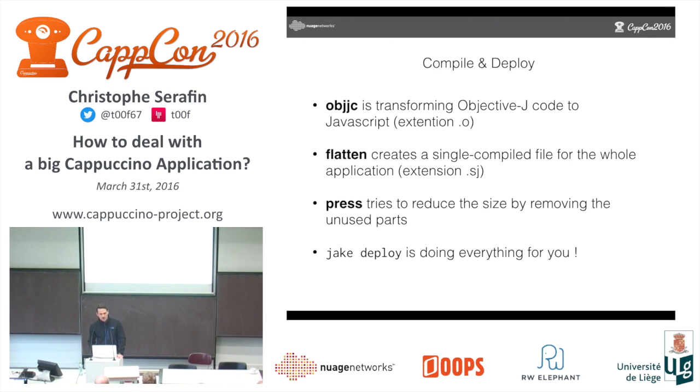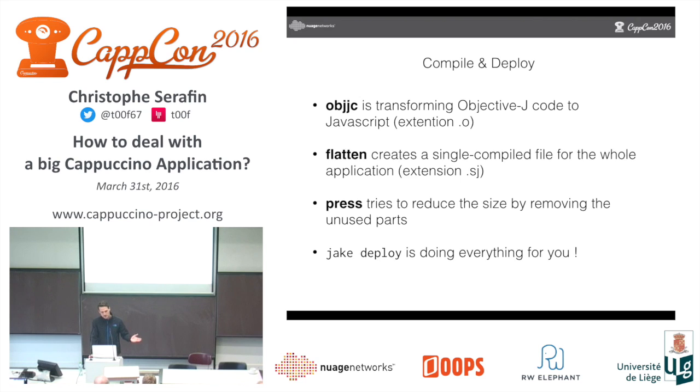Compile and deploy. Cappuccino comes with a very nice toolchain. I heard some of the questions during lunch, so I will go over it right now. First of all, we are developing in Objective-J files. We can't provide them like this when it's a product that you have to deliver.